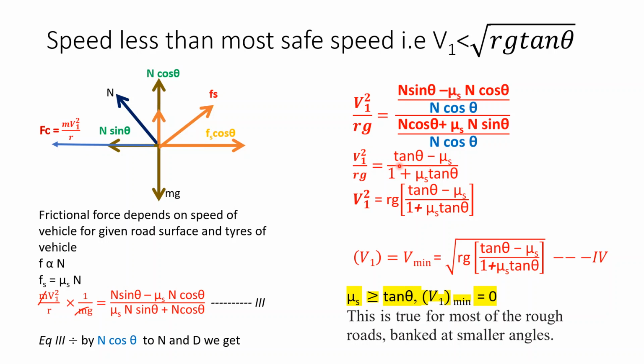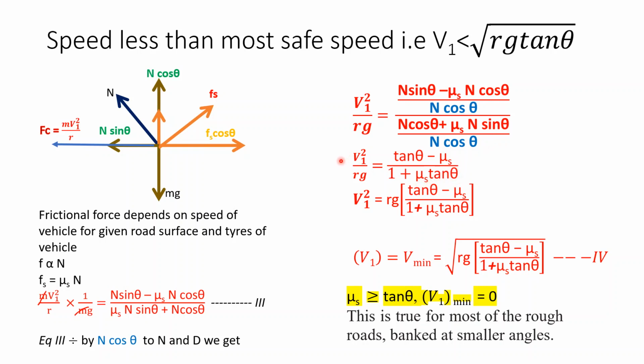So the numerator can be written as tan theta minus mu s. Same thing in the denominator. Separate the values: N cos theta upon N cos theta gets cancelled and you get 1. And mu s times N sin theta upon N cos theta: here the N factor gets cancelled and you get mu s sin theta upon cos theta, which we can write as mu s tan theta.